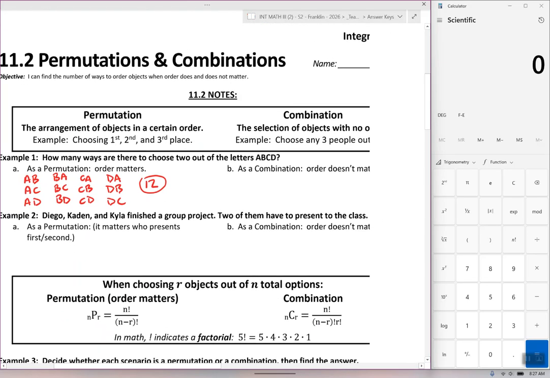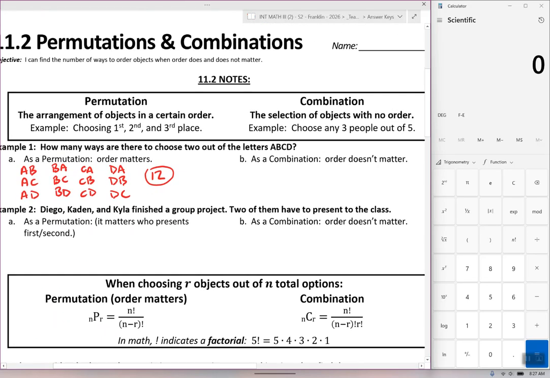Now as a combination, when order doesn't matter, that means AB is the same as BA. So let's think about this one. Let's start with the A's again. AB, AC, AD. But now when we move on to B, BA is the same as AB because the order doesn't matter. It's just an A and a B. So we're going to skip it and go to BC and BD.